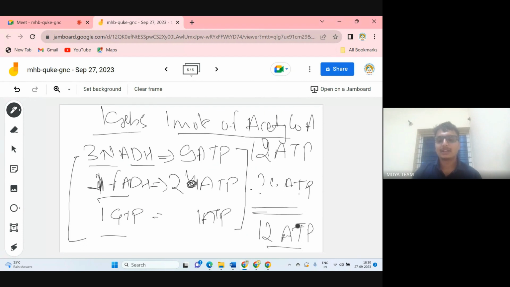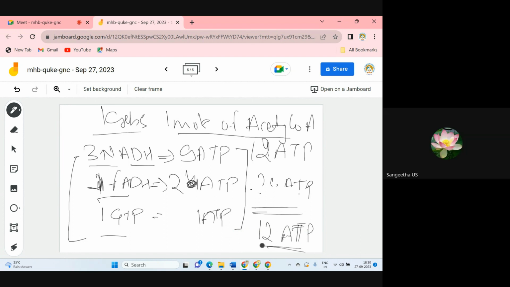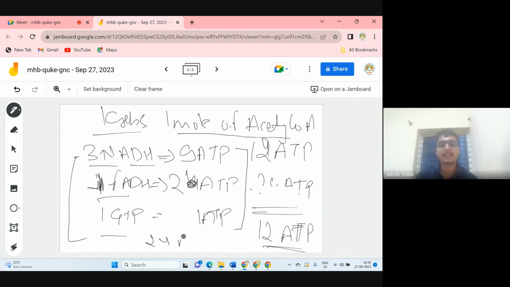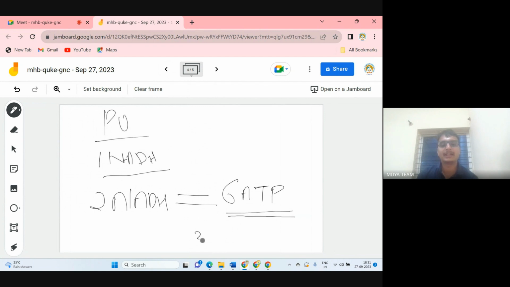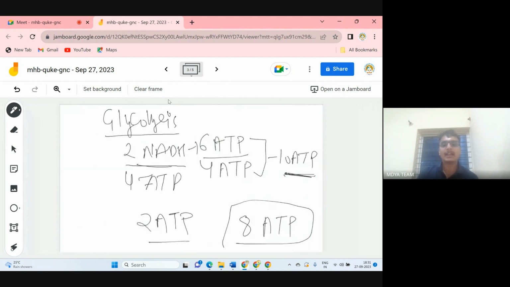That's what I was looking for, why the ATP number increased suddenly. So it is 24 ATP from the Krebs cycle. 24 plus 6, 30 ATP from both pyruvate oxidation and the Krebs cycle, and 38 ATP will be the net ATP production from glycolysis, pyruvate oxidation, and the Krebs cycle.